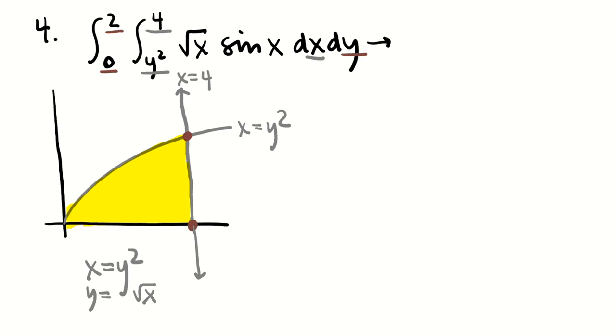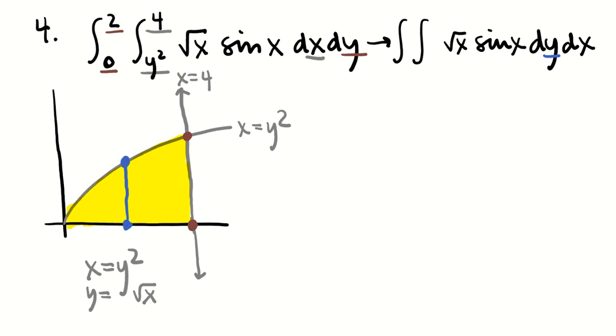We know that we need to switch this to integrating square root x sine x, dy, and then dx. Okay. We're going to need to get an expression for y. Okay, so y starts down here and goes all the way up to here.